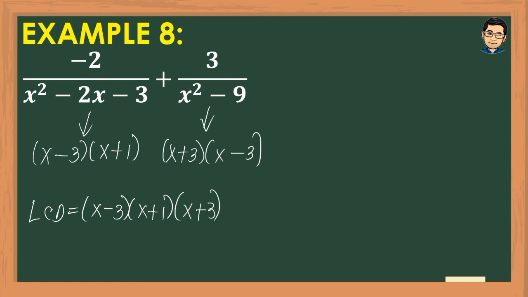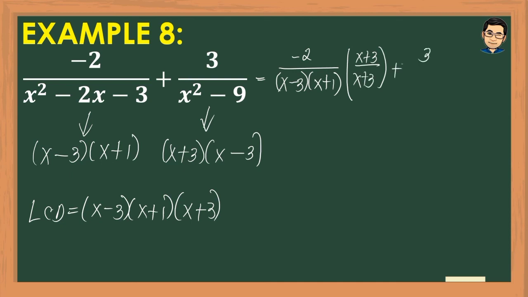Okay. So, i-rewrite lang natin negative 2 over x minus 3 times x plus 1. So, ay multiply po sa kanya is x plus 3. Next, sa kabila naman po, ay multiply sa kanya is x plus 1.